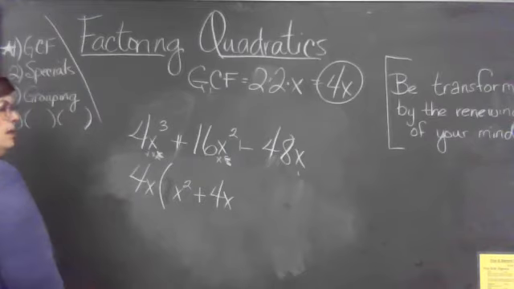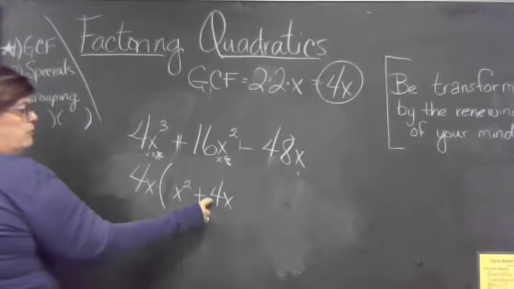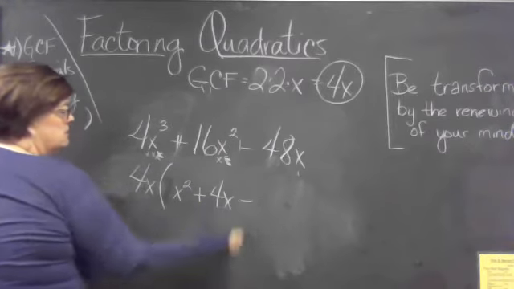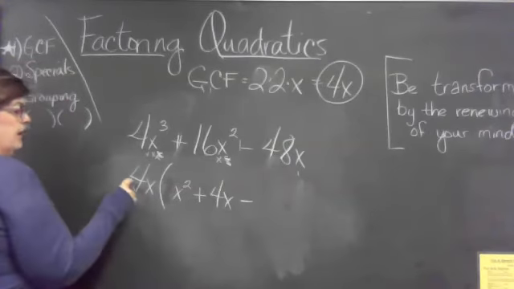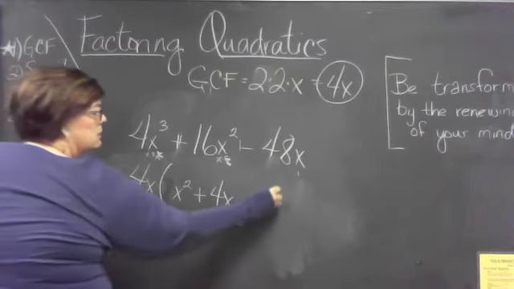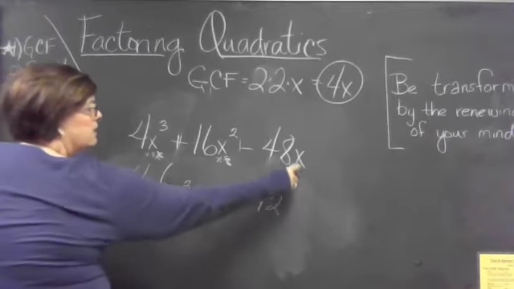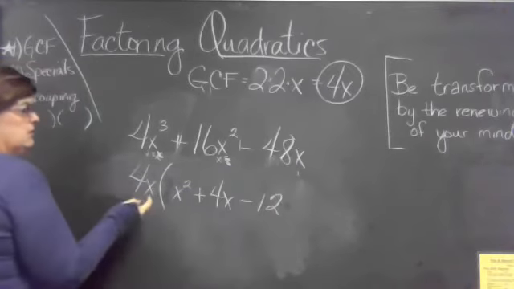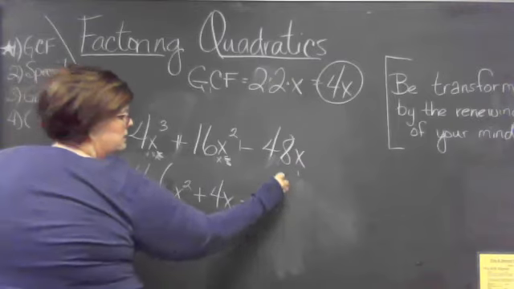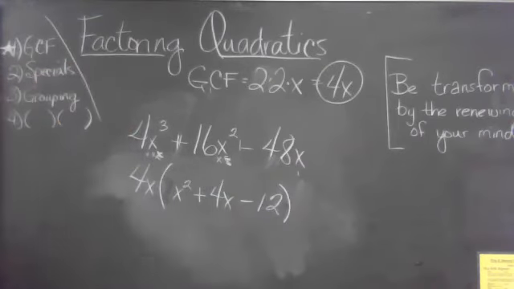We still have 1 x left. 4x minus, and one more time, we have 48 divided by 4 is 12, and x divided by x, that means I divided that x out, so I have no x here. So this is what we have when we take out the greatest common factor.